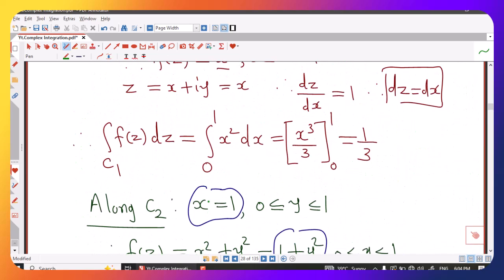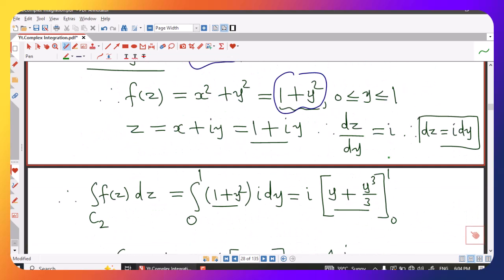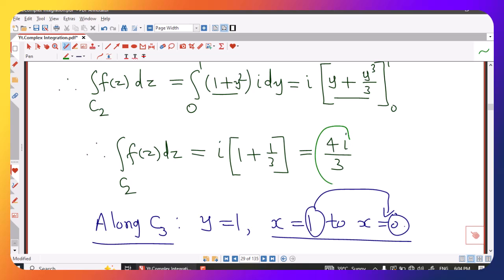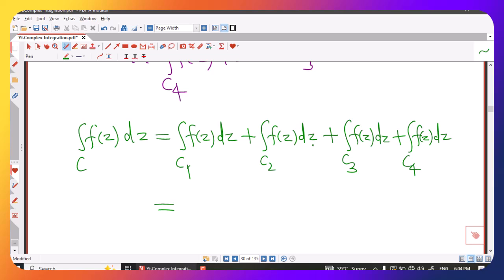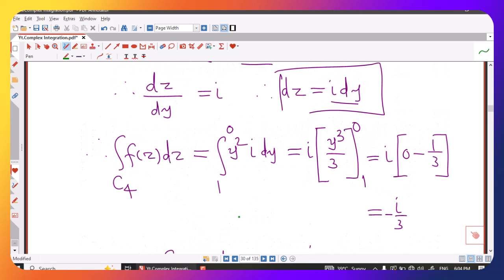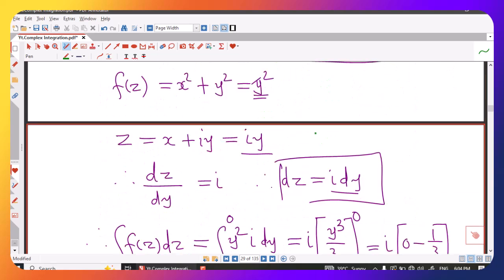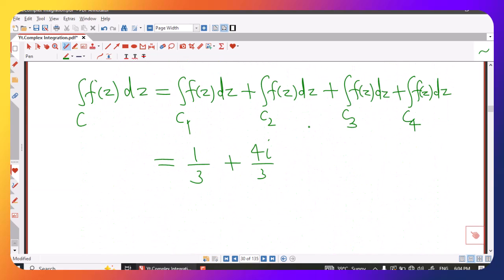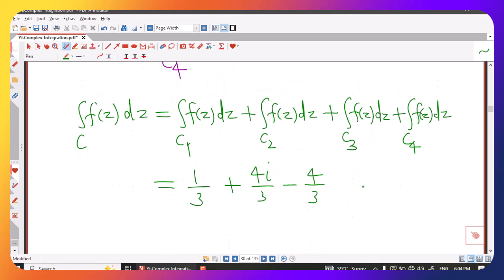Along C1 we have 1 by 3, along C2 we have 4i by 3, along C3 minus 4 by 3, and along C4 minus i divided by 3.